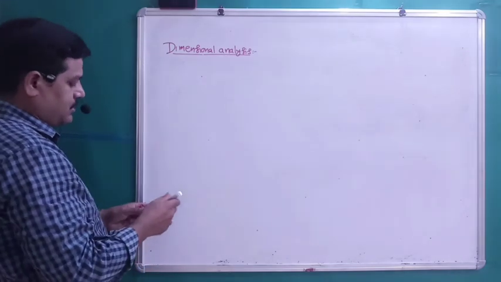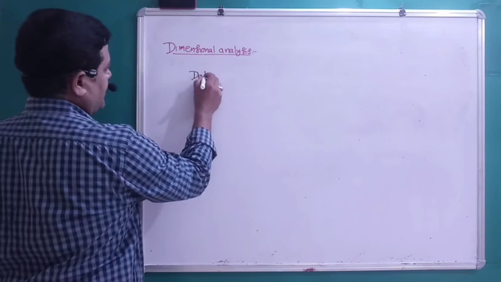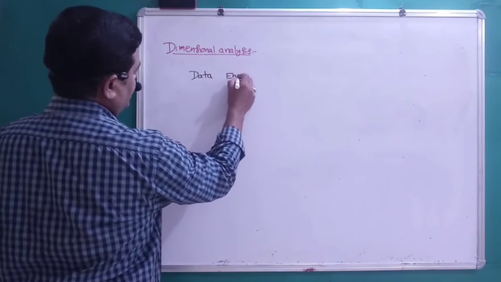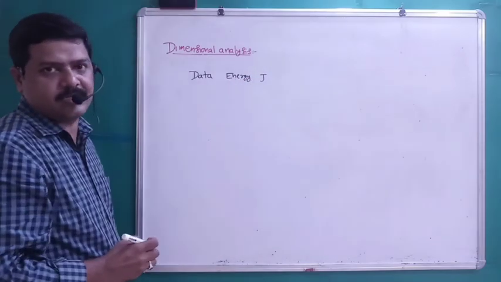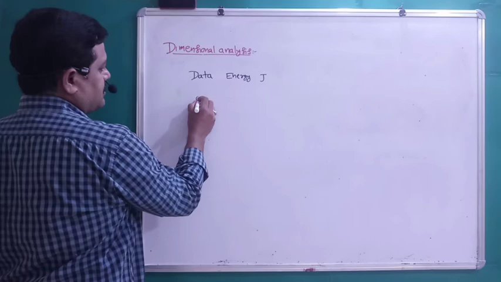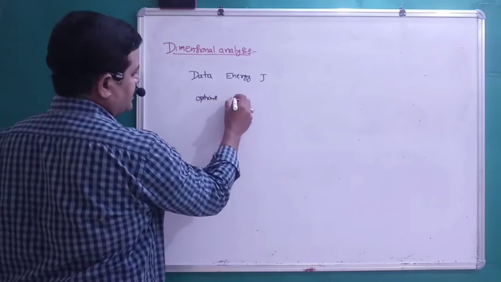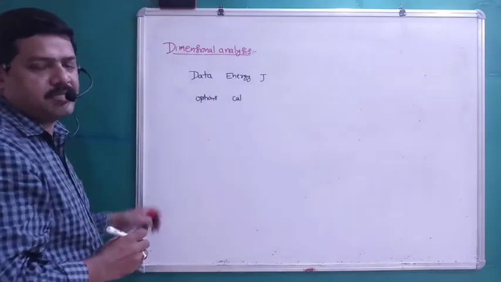For example, if in a numerical the energy units are given in joules and the required units are calories, then unit conversion is needed.